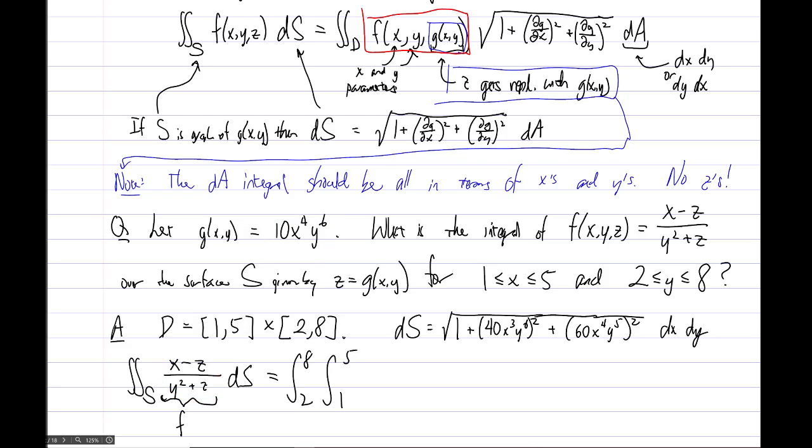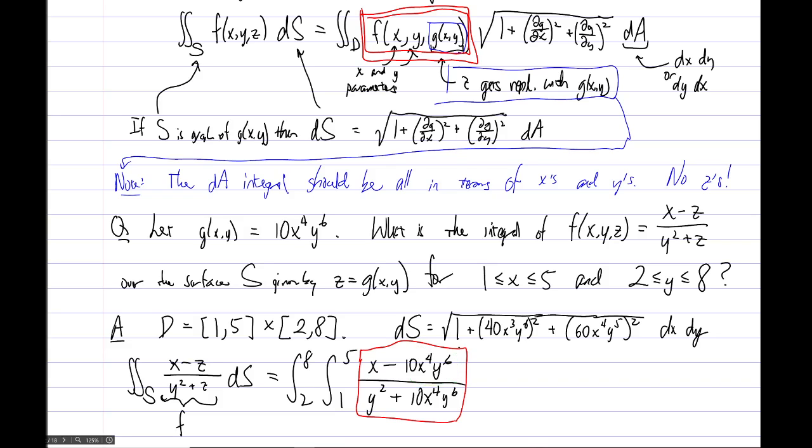In this space here, we should have x gets replaced with x, minus z gets replaced with 10x to the fourth y to the sixth, all over y squared, y gets replaced with y, plus z gets replaced with 10x to the fourth y to the sixth. So what's in this red box is meant to be the specific version of what we saw up there in the formula.